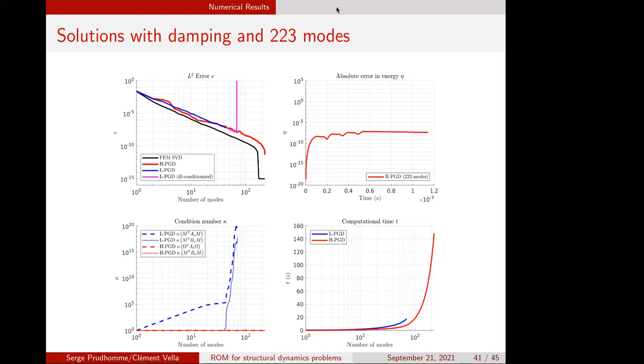Just one question. Are you using the Gram-Schmidt or the modified Gram-Schmidt? This is a kind of a modified Gram-Schmidt because we have to update also the temporal modes. It's like if you update the spatial modes, it will have an impact on the temporal modes too. No, I was mentioning that there are two algorithms, right? Gram-Schmidt and modified Gram-Schmidt. And I think modified Gram-Schmidt is made for stability.